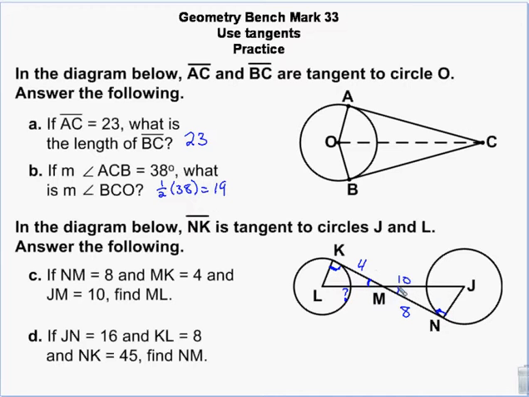And this angle is going to be the same as this angle, which means this angle will be the same as this angle, so I have similar triangles. So we can do the ratios. So 4 over x is going to be the same as 8 over 10. I can do that way.